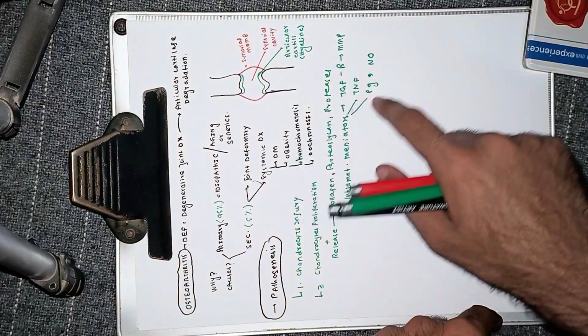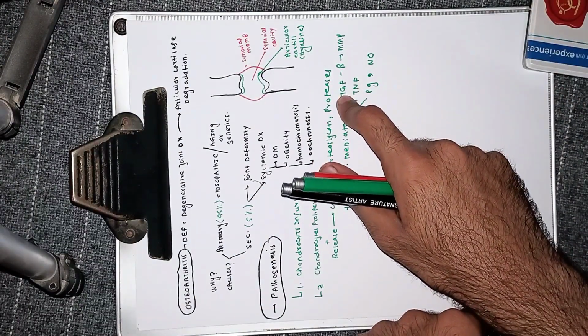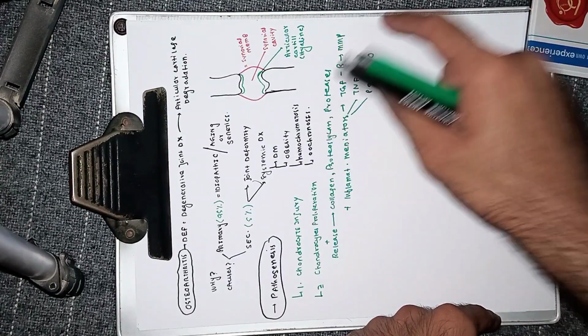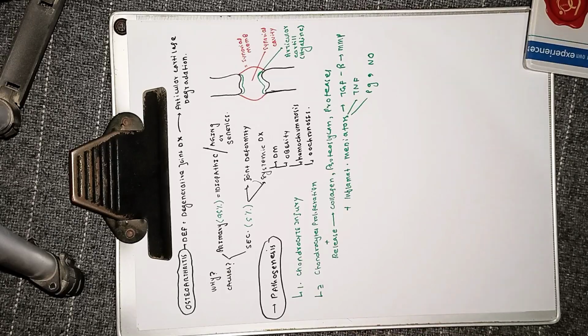And out of all these, TGF beta is the main factor responsible for release of matrix metalloproteinases, okay.